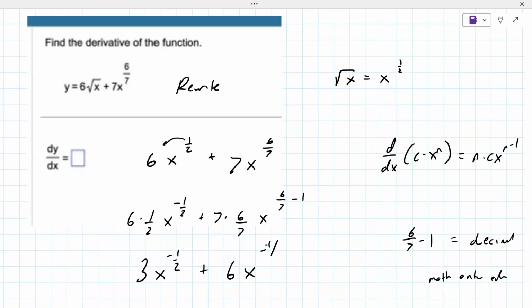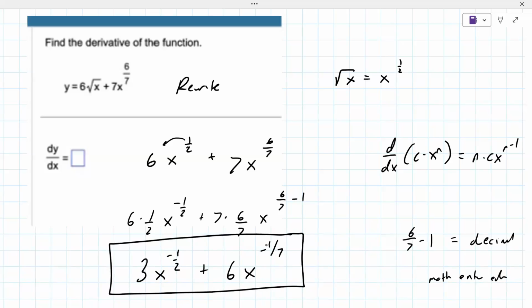Okay, so here's where it gets a little dicey. This is the correct answer. Your Pearson will take this as the correct answer, but it could appear differently on the multiple choice. There's a couple of ways to rewrite this on the multiple choice.